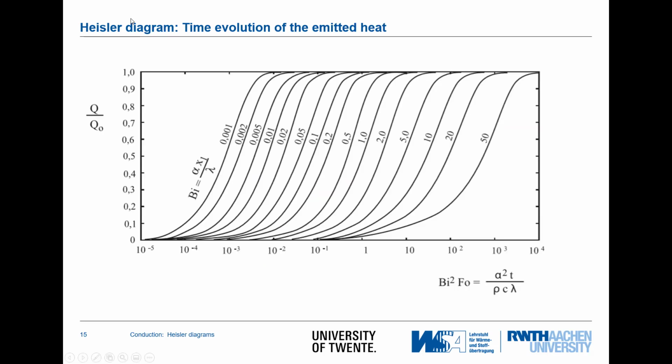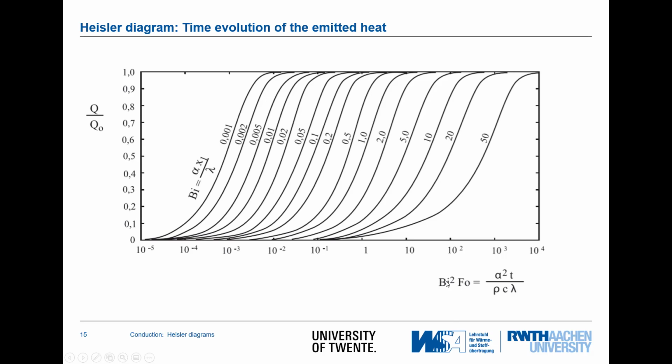For this, we have the following diagram. We have the ratio between the heat that is released divided by the total heat that can be released. So the scale is again from 0 to 1, and on the x-axis we have the dimensionless time expressed by Biot squared times Fourier.